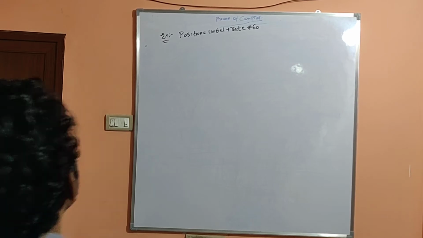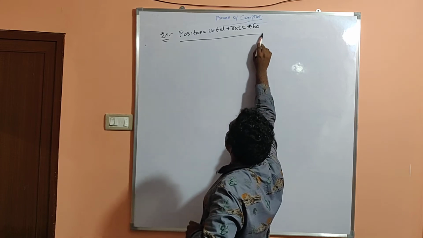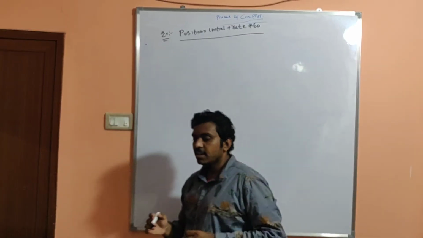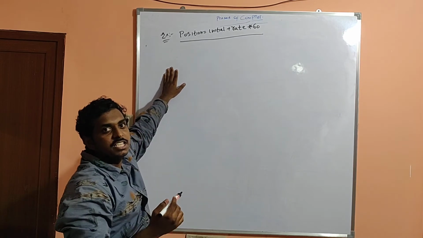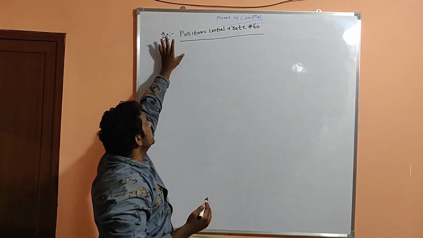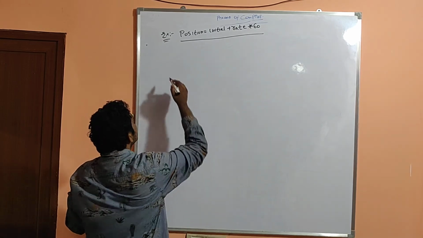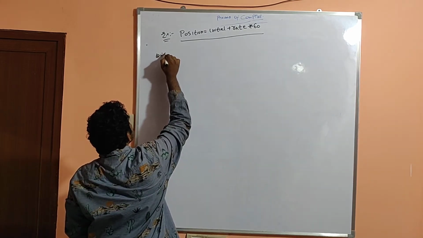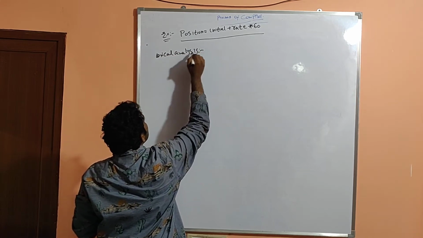Here we have taken an example, position = initial + rate * 60. We will perform each and every step individually, to see how source level language is converted to machine level language. First, lexical analysis.